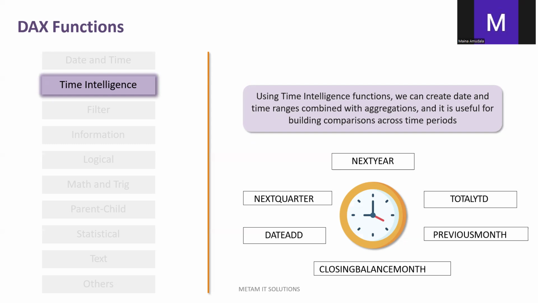You can also calculate the total years, the previous month, closing balance month, and date at a new quarter. This is about the time ranges between this year and the next year or the previous year. This is about the time intelligence functions. You can create time and date ranges combined with different types of aggregate functions.